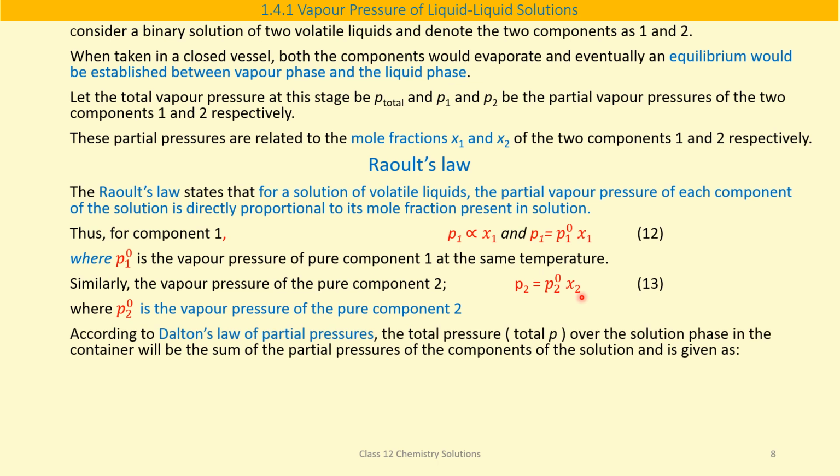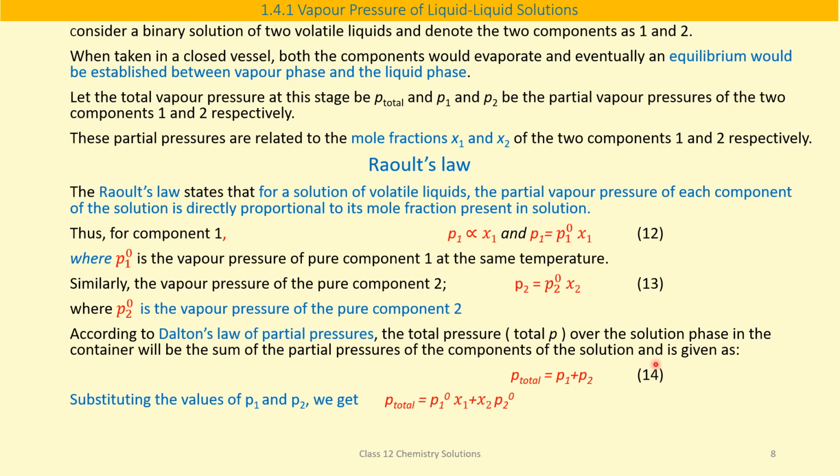According to Dalton's law of partial pressures, the total pressure P over the solution phase in the container will be the sum of partial pressures of the components of the solution, as given below. That is, P total will be equal to P1 plus P2. Let it be equation 14.